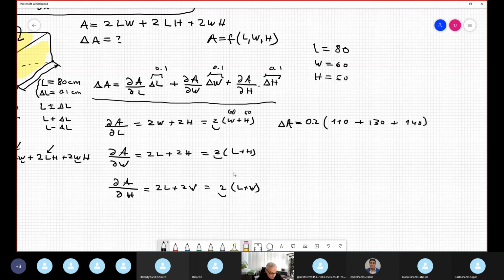So when you multiply this by 0.2, let me do a verification in my calculator. Well, I did it on my paper, but I'm not sure that I'm doing it right: 110 plus 130 plus 140, multiplication by 0.2 is 76.